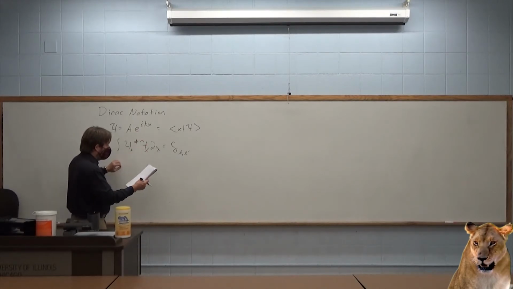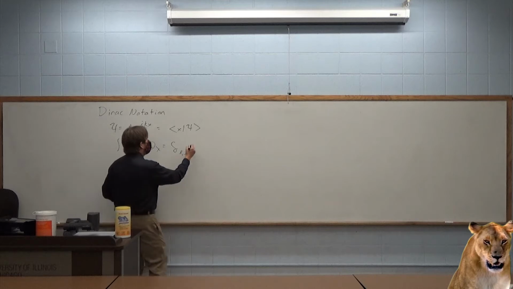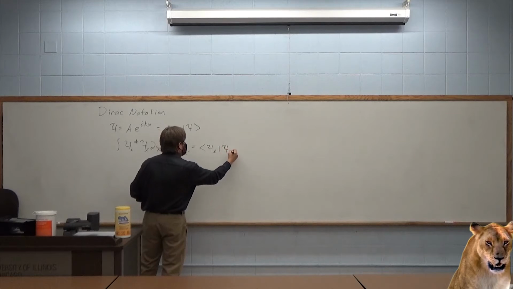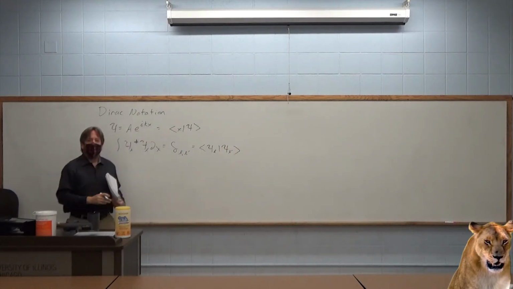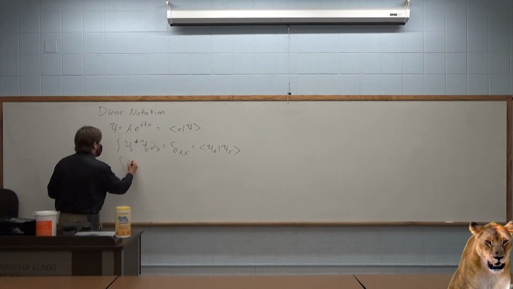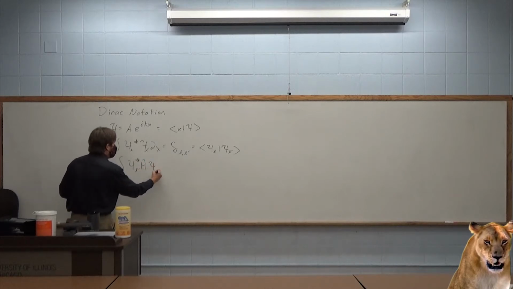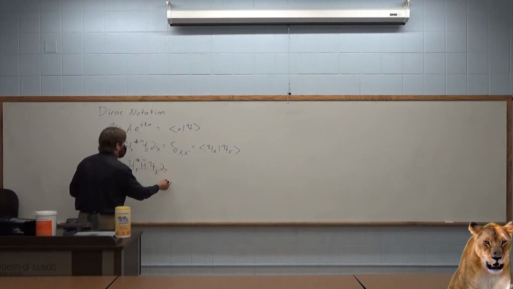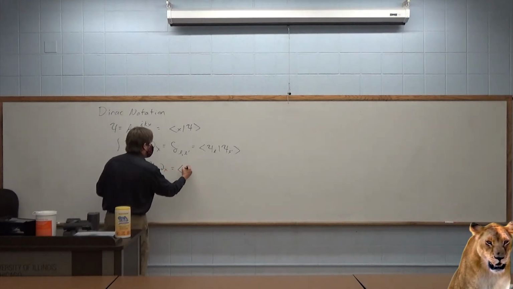Hopefully you've seen that. Okay, so what this is in Dirac notation is this. Okay, so that's nice. And then what about this? I would want to do the same wave function. It doesn't quite make sense to have different wave functions on left and right of the Hamiltonian. That's weird. And this is what this is.